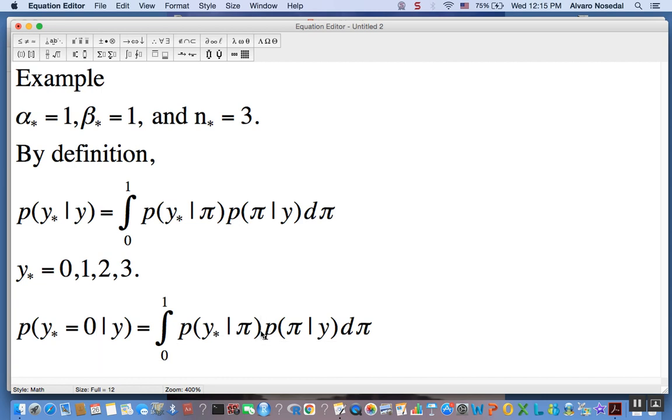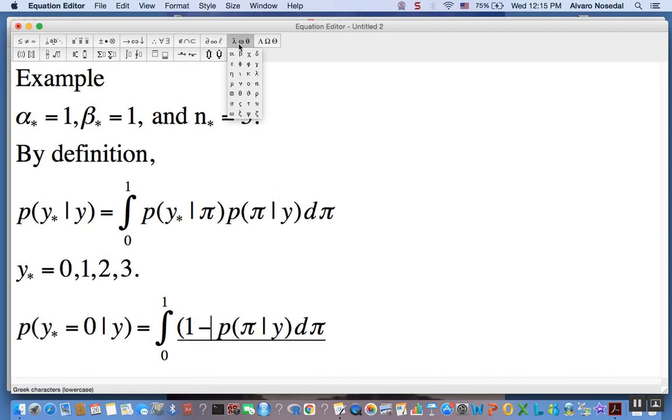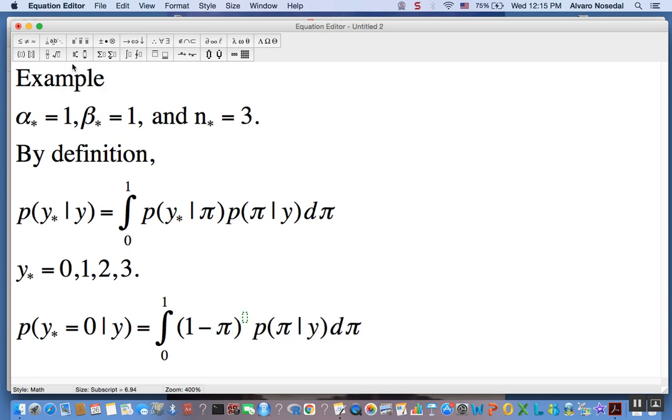I guess that would be just 3 choose 0, pi to the power of 0 times 1 minus pi cubed. So basically what we have is just failures, 1 minus pi cubed. Make sense? If you observed 0 successes, that means that you observed only failures. So when you evaluate the binomial likelihood, you end up with 1 minus pi cubed.